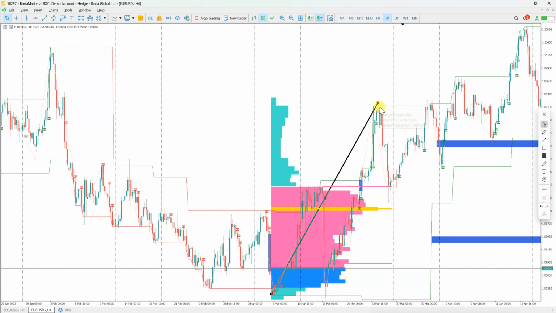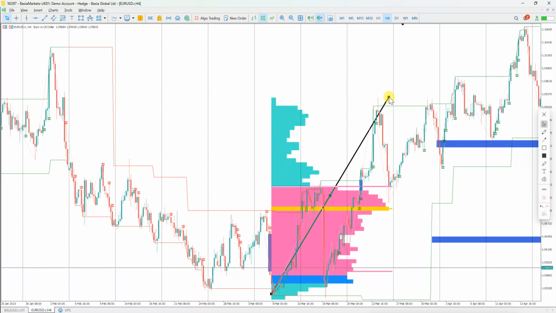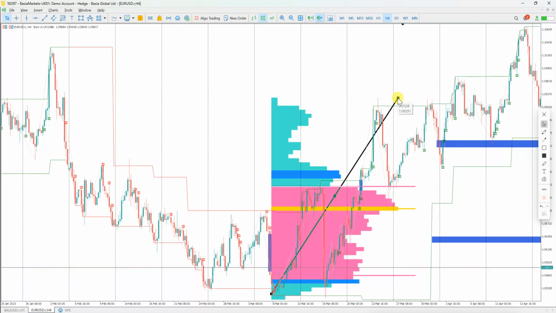And then the price tries to fill the gap, the low volume. It starts to get thicker and thicker, and then eventually here we start to have a volume cluster.